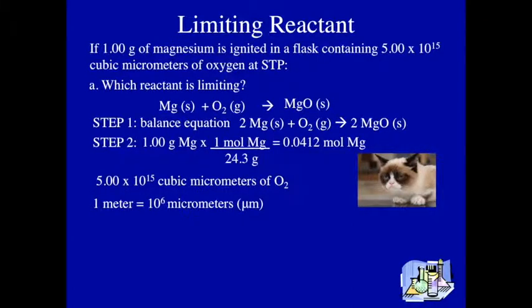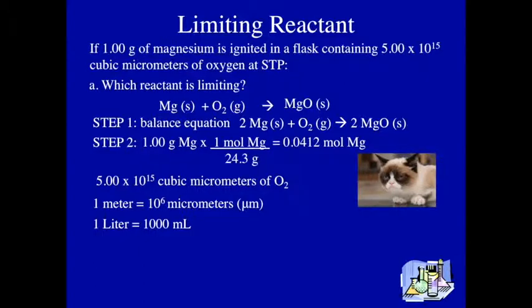We need to know micro is a millionth. So 1 meter is a million micrometers, or 1 micrometer is 1/1,000,000th of a meter, also called a micron. If you're working with biology, it is actually a very useful measurement because a lot of cells are at the micron level.